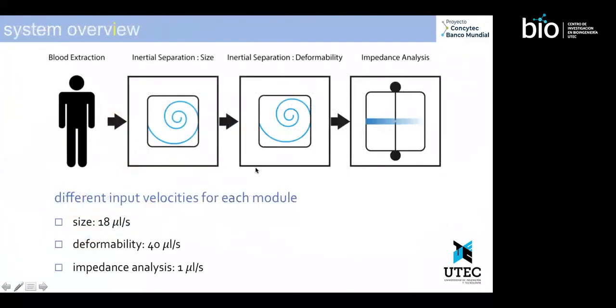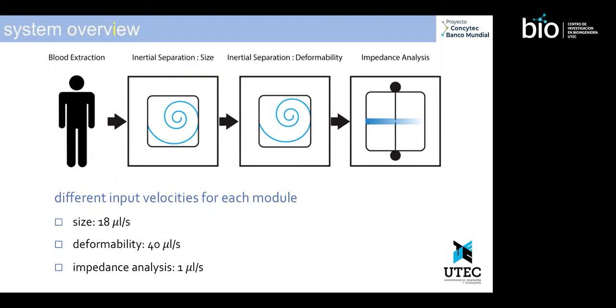The system we are designing and trying to build has 3 steps. First, we have to extract the blood from the patients. One thing about malaria is that you cannot culture it, so we have to extract the blood from patients. Then we can do the first separation by inertia, by size, because the size of healthy and infected blood cells is different.